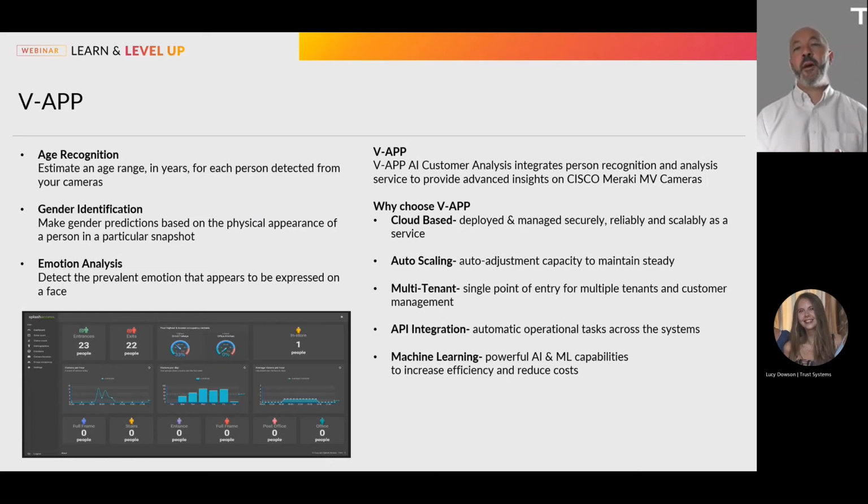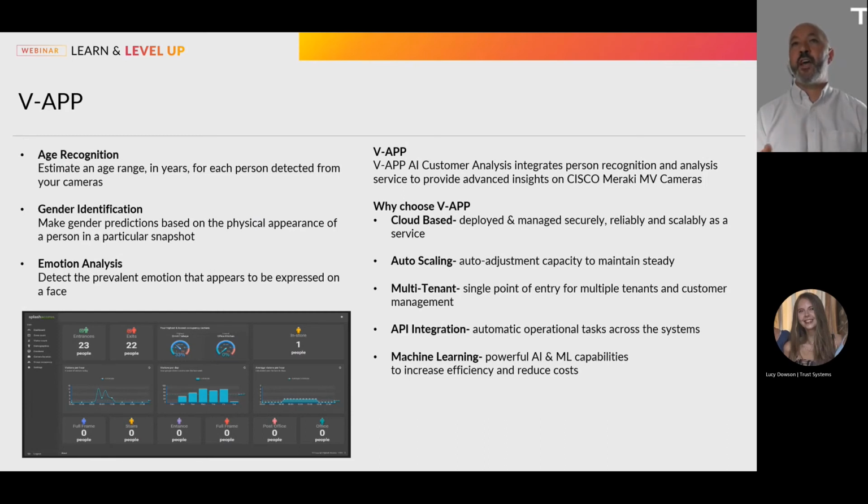The VApp piece of software actually provides further AI and customer analysis through the Meraki cameras. So here we're taking information that will provide particular importance to retail and hospitality staff.